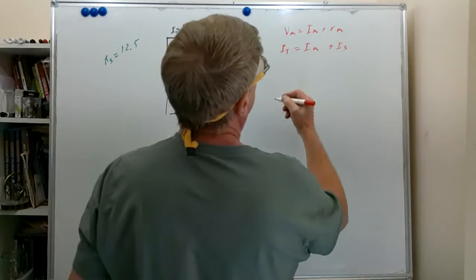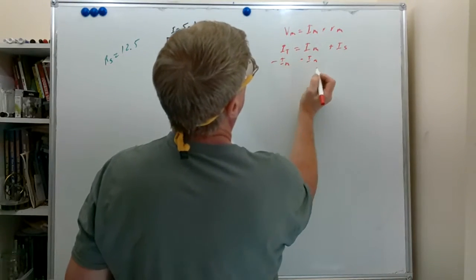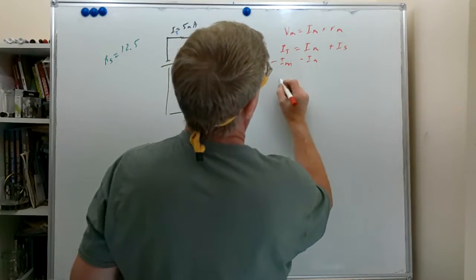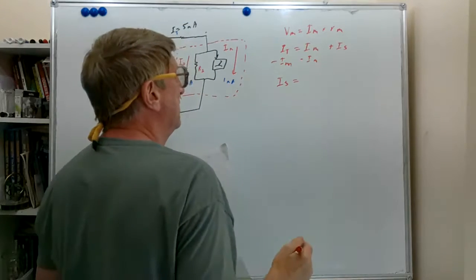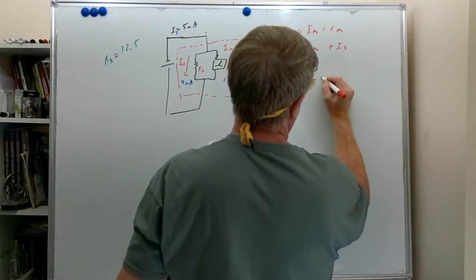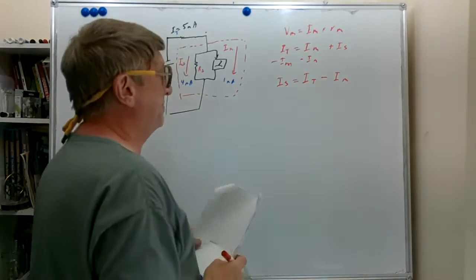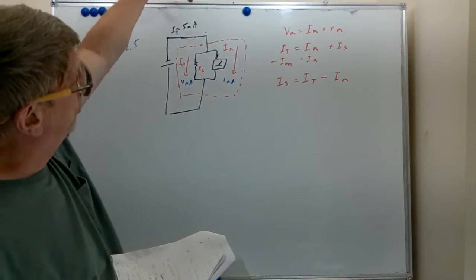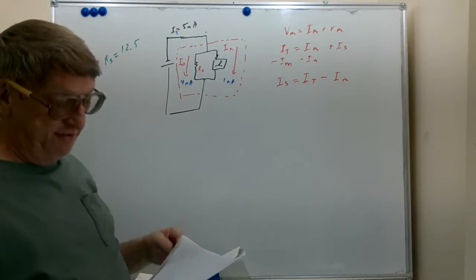So we're going to subtract IM from both sides. Minus IM, minus IM. So what we end up with is IS, the current to the shunt, equals the current total minus the current to the meter. That makes sense. Total current in, take away what goes to the meter, and what's left goes to the shunt.